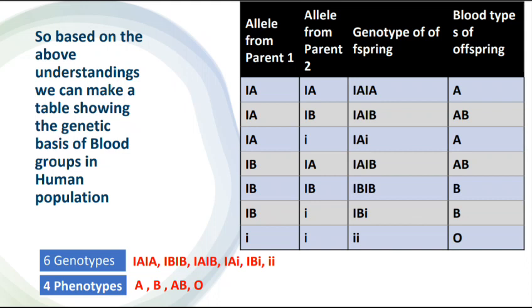Similarly, with IB and i from parent 1 and parent 2 respectively, the genotype of the offspring will be IBi, and the blood type of the offspring will be B. When parent 1 possesses the i allele and parent 2 also possesses the i allele, the genotype of the offspring will be ii, and the blood type of the offspring will be O type. That is, it does not produce any antigen, but it will have anti-A and anti-B.